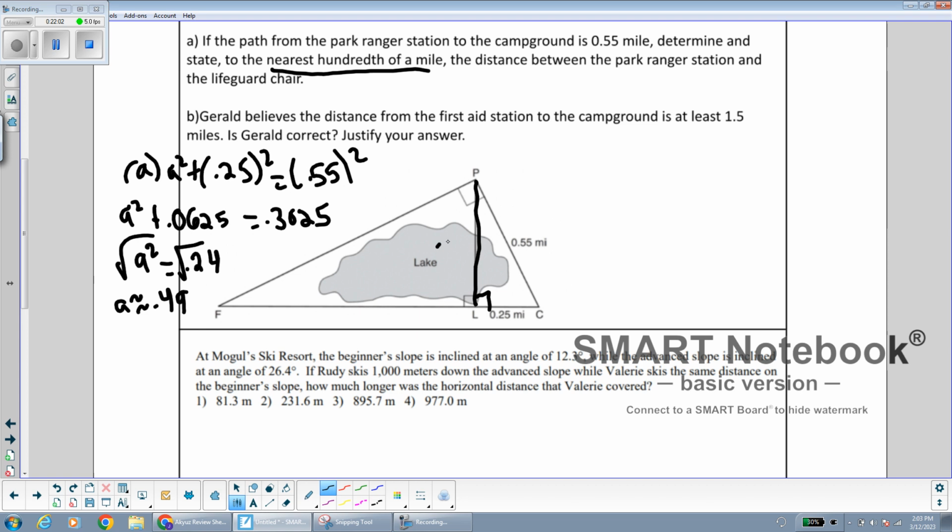So this is approximately 0.49 miles. Gerald believes the distance from the first aid station to the campground, so from here to here, is at least 1.5 miles. Is Gerald correct?